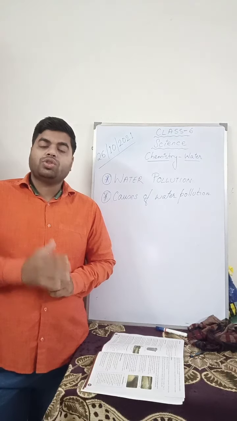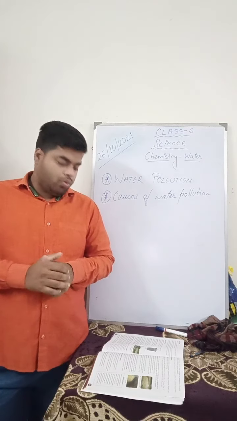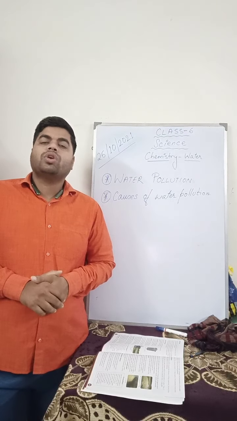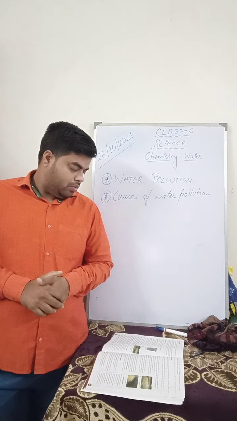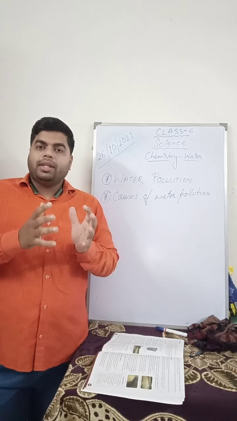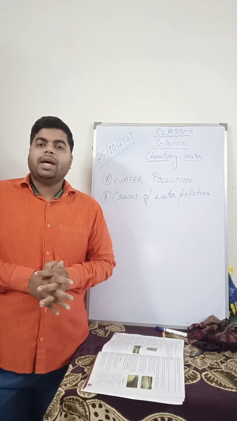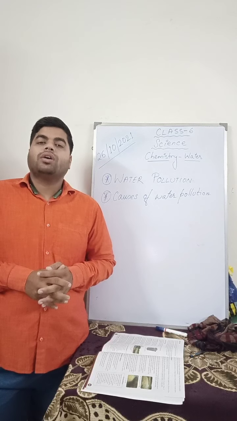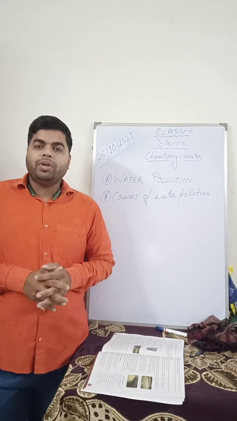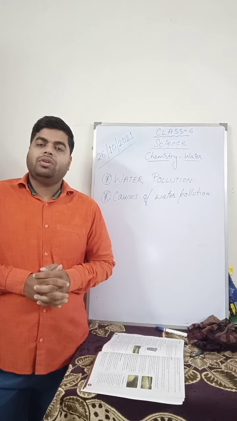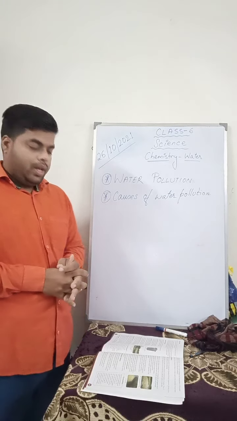Disposal of this waste, meaning throwing this waste into the water bodies, leads to contamination of water sources. So these domestic wastes are thrown into the water bodies and these water bodies are made impure for your purpose.